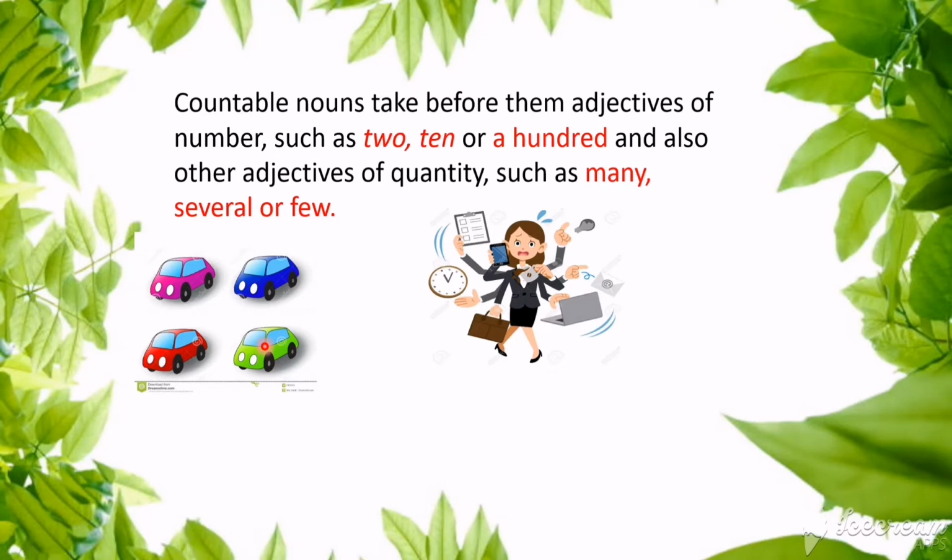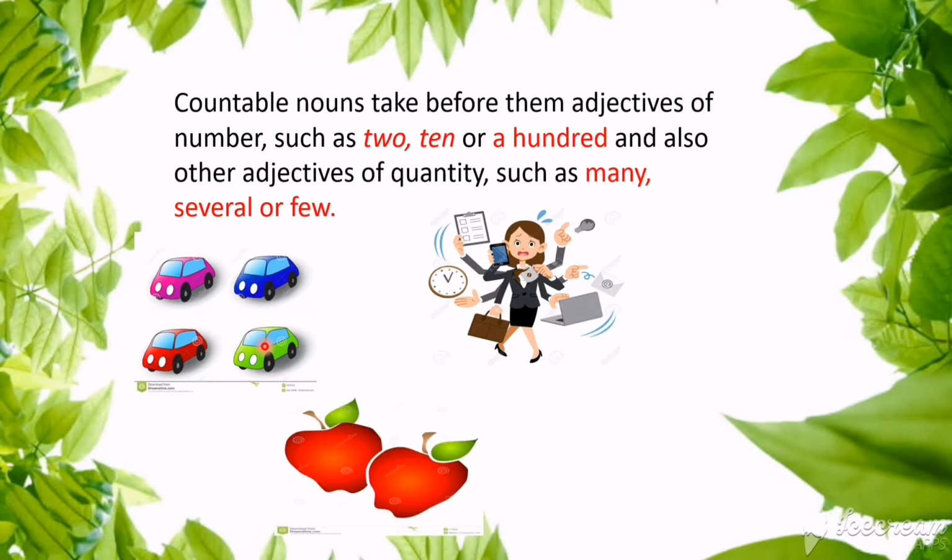You cannot count work. So you can represent it with a quantity like many. I have many works to do. Then can you count apples? Sure, you can count. So you can use numbers to represent the number of apples.